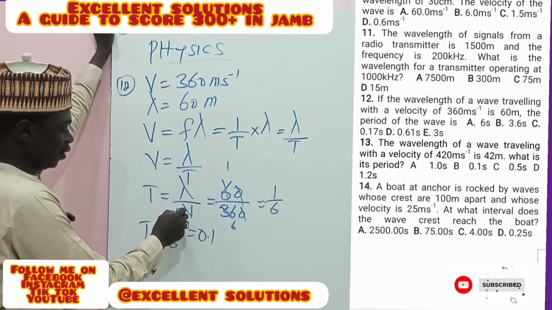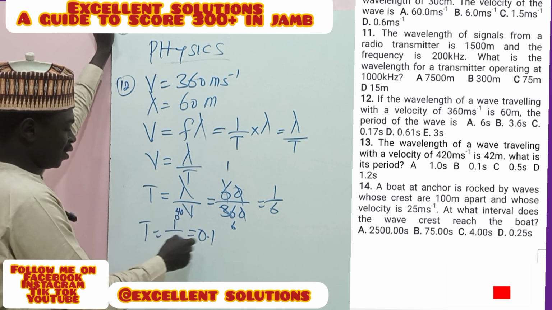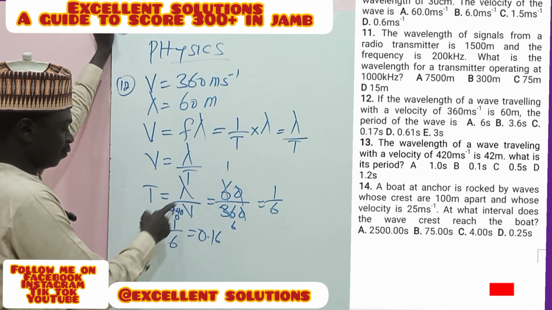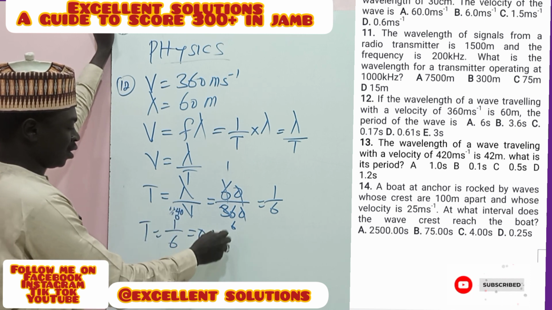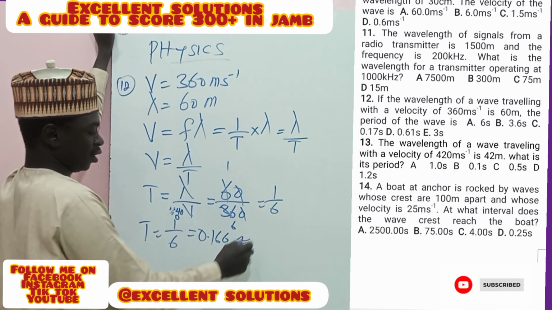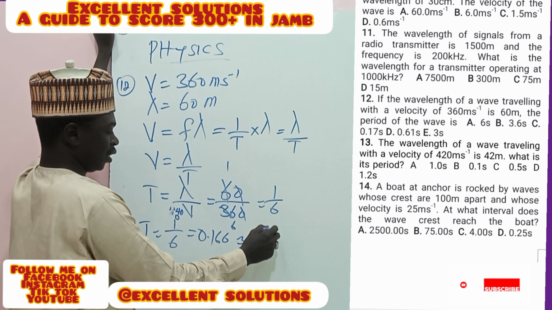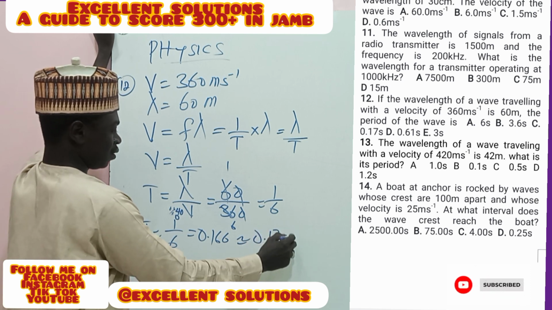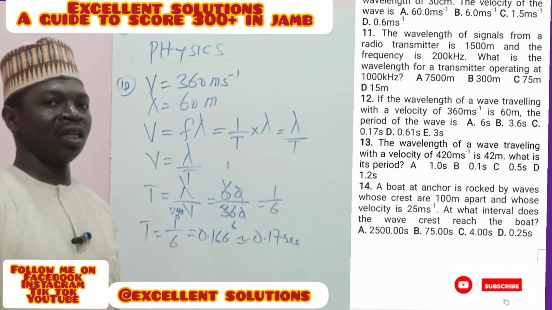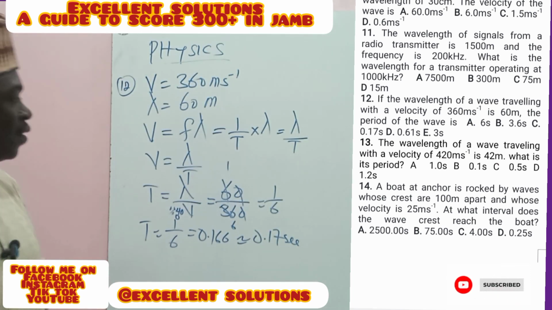We add 0 here, 40 divided by 6, we have 6 remainder 4, and again 6. So this is 0.166, which is approximately 0.17 seconds. Looking at our options, in option C we have 0.17 seconds. The answer is option C.